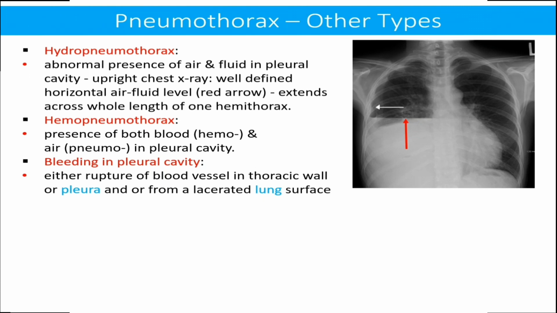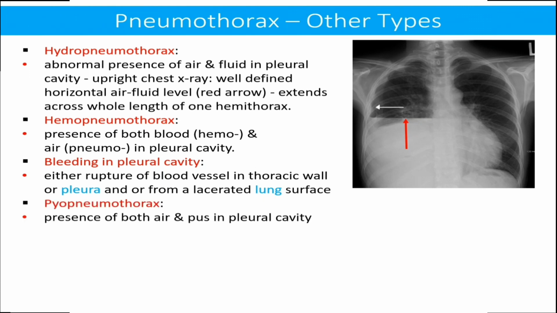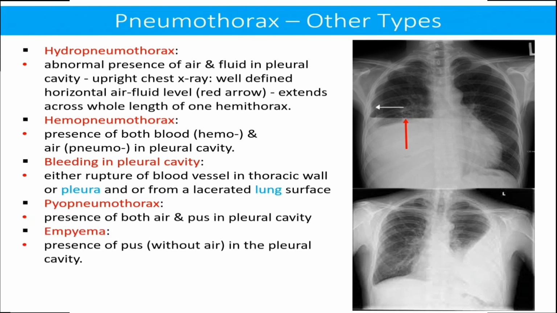Hemopneumothorax is presence of both air and blood in the pleural cavity, and pyopneumothorax is presence of both air and pus in the pleural cavity, whereas empyema represent presence of pus without air in the pleural cavity.